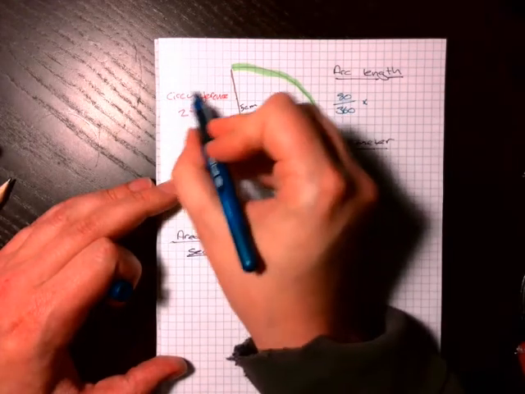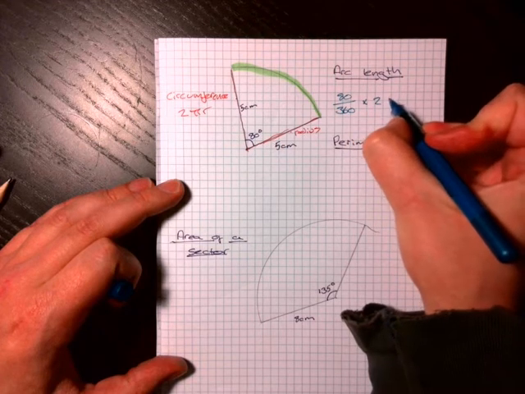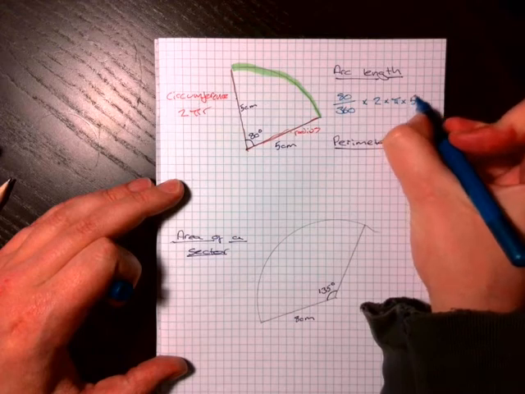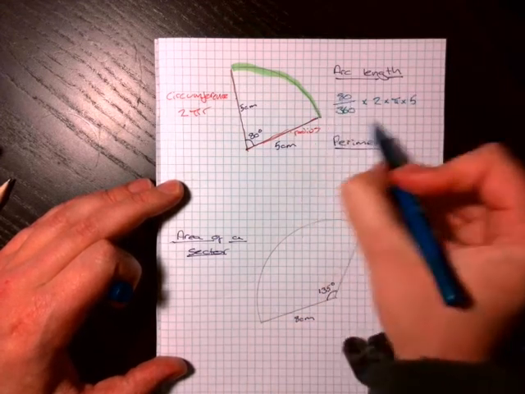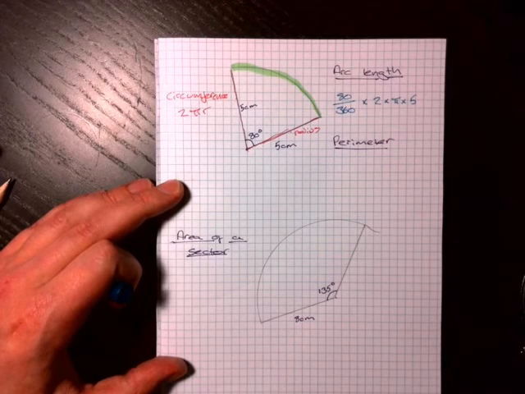If we then use our circumference, we're going to times that fraction by 2 pi and the radius, which in this case is 5. And if we type that into our calculator, then we will get the length of the arc.